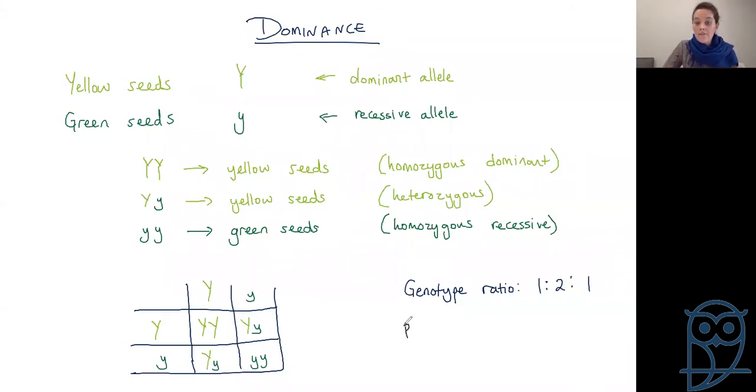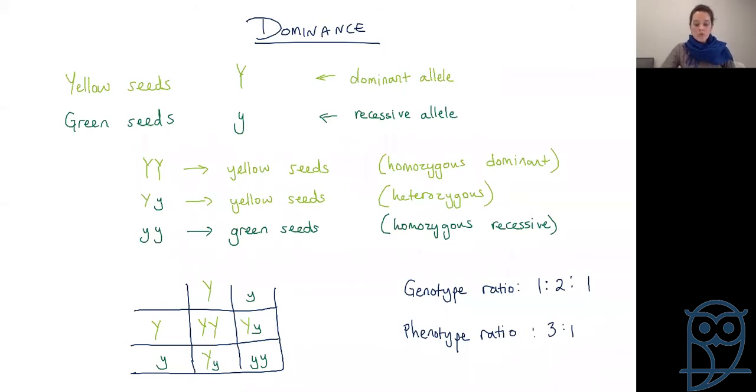If we look at the phenotype ratio, you see that we have 3 yellows to 1 green. And what you're going to see is, as we do each of these different situations of dominance, is that these genotype and phenotype ratios are actually going to change. So this is our standard situation when we have our capital letter, our lowercase letter, straightforward, dominant and recessive.